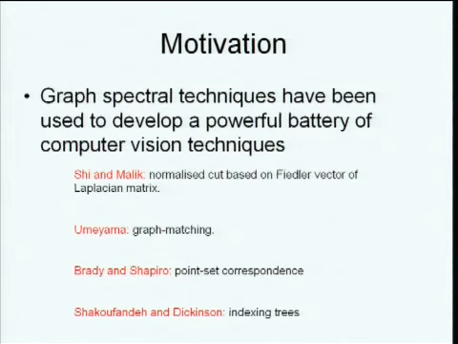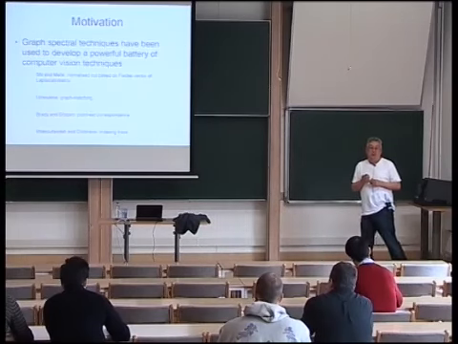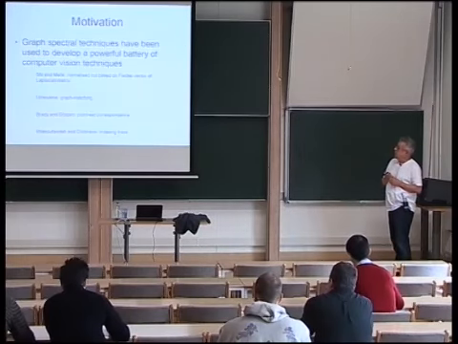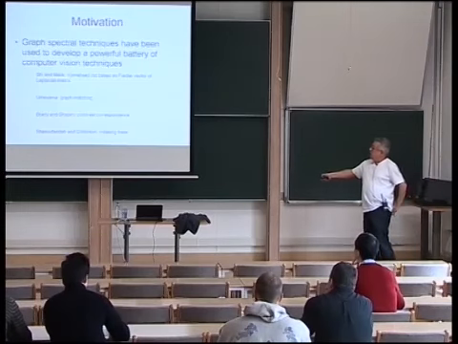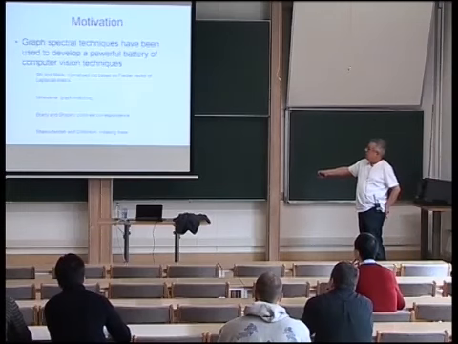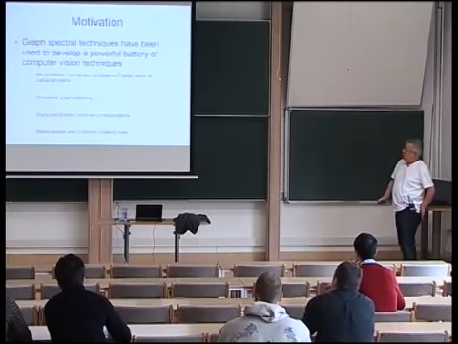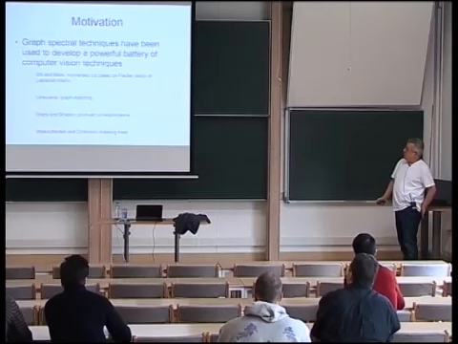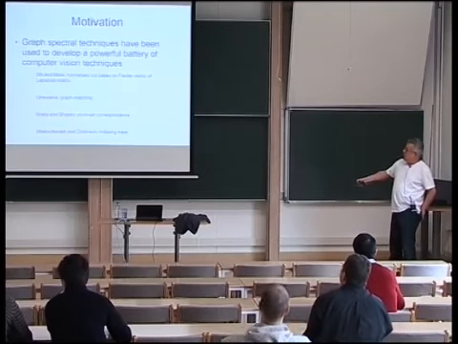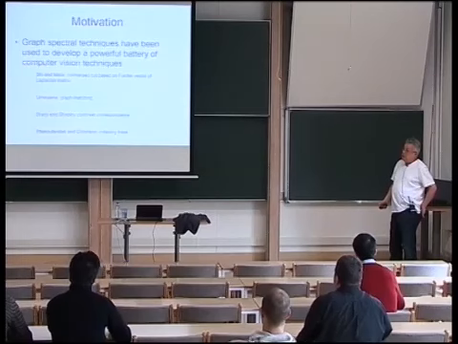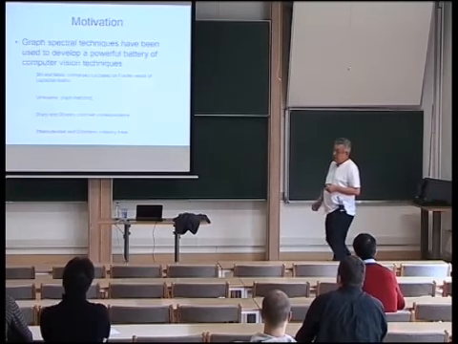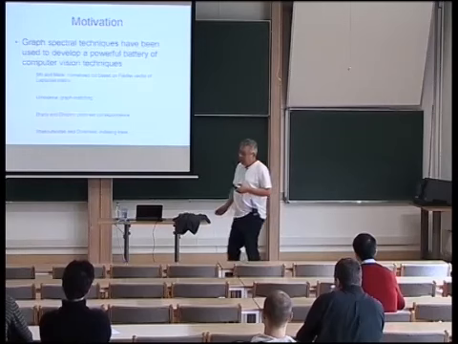There have also been some other techniques which are perhaps less familiar. One of them is the work by Umeyama, who shows how graph spectral methods can be used to match graph structures with the same numbers of nodes but different edge structure. Shapiro and Brady have a similar idea aimed at extracting point correspondences for motion analysis problems, and Shokoufandeh, Dickinson and others have used spectral methods for indexing trees representing image data.